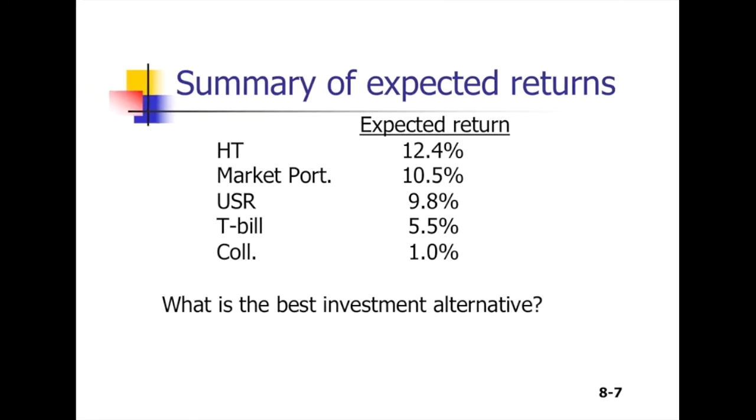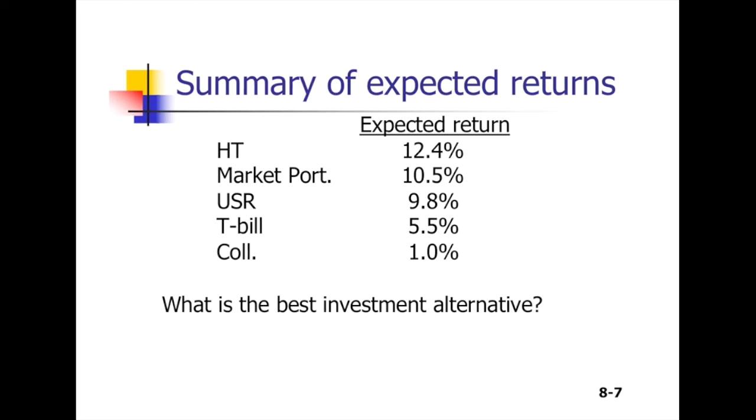With this process, we can calculate each financial asset's expected return. This slide shows the summary of the expected return of five financial assets: high-tech company stock, market portfolio, US leveraged stock, T-bill, which is a kind of risk-free bond, and the collection agency. And what is the best investment alternative?